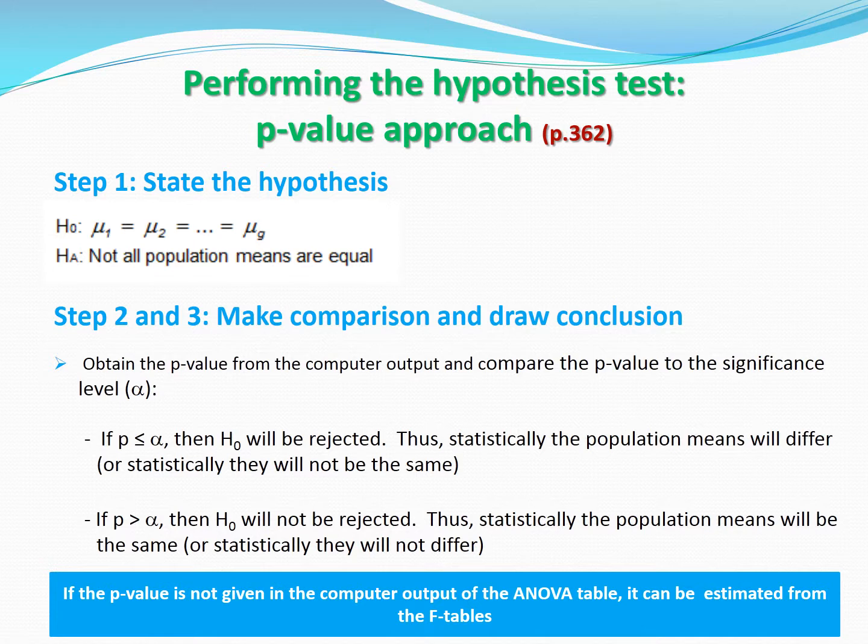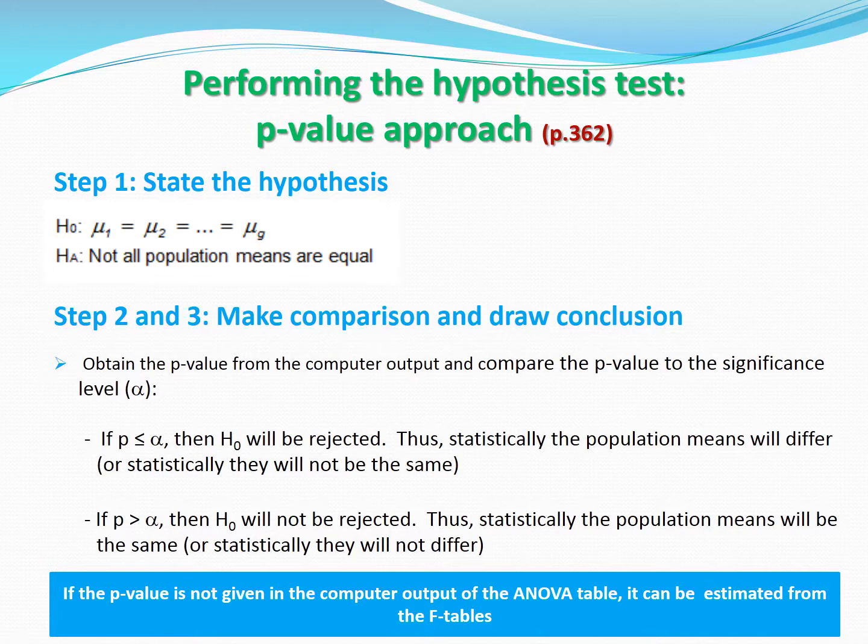Then for your decision rule, the same as in chapter 11, if your p-value is less than or equal to your significance level, then the null hypothesis will be rejected. So it means that the null hypothesis will not be true. So the population means will differ from each other, or statistically they will not be the same.